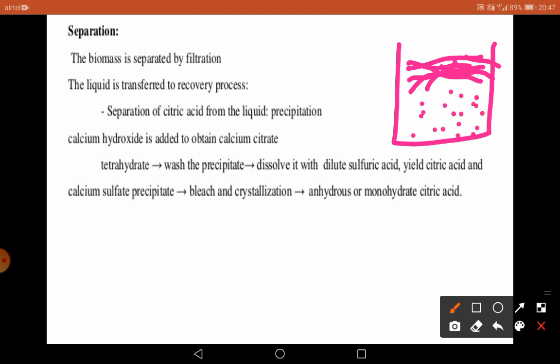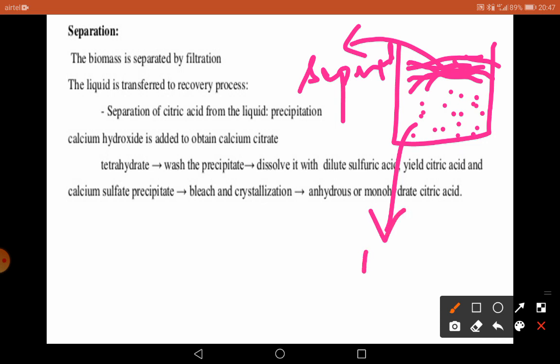So this fungal mass has to be separated, and this liquid will be taken for downstream processing, and the citric acid will be precipitated, or it will be removed. The biomass is separated by filtration. The liquid is transferred to the recovery process. So this is our DSP process.